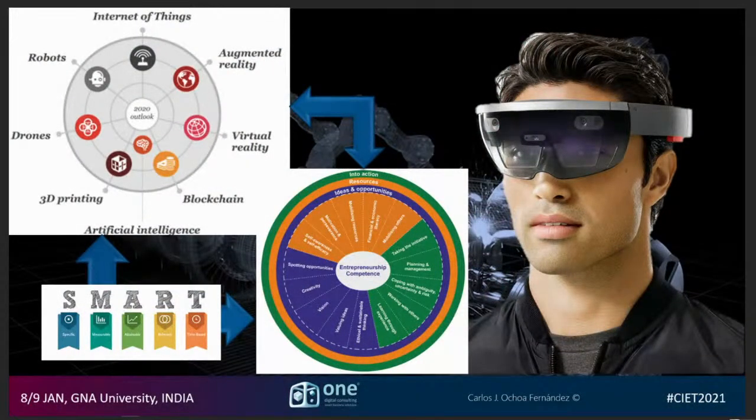This is really the main topic I want to focus on today, because we are talking about Internet of Things, augmented reality, blockchains, artificial intelligence, robots, and so on. And then we have the curriculum at the schools, educational centers, vocational centers, and universities.